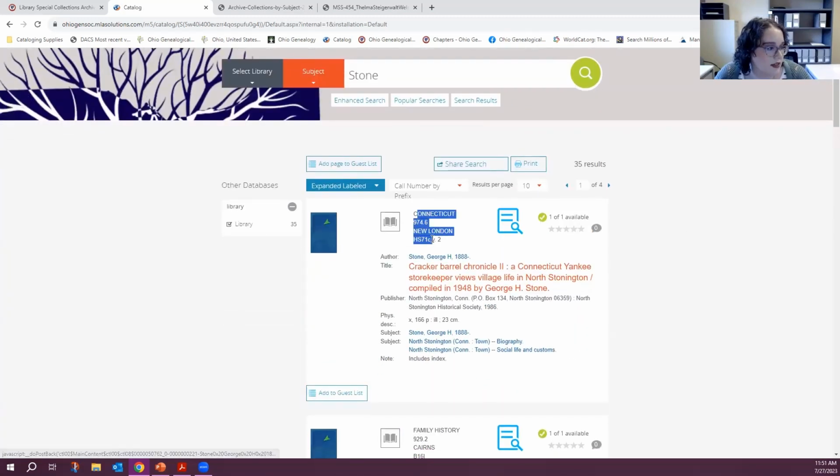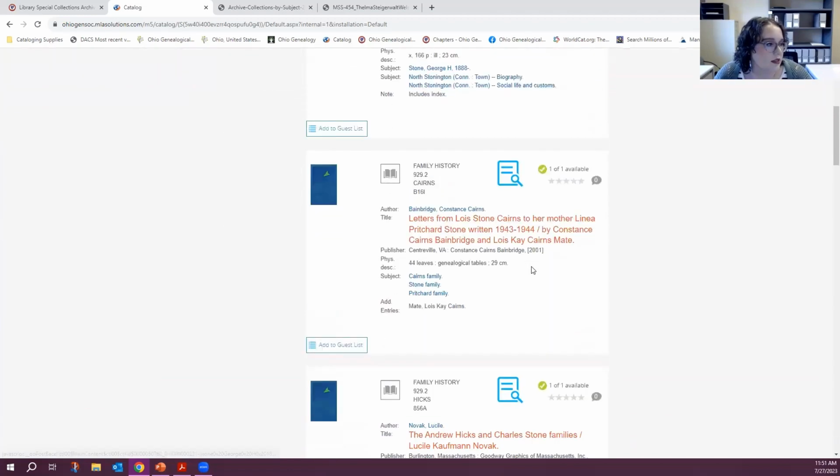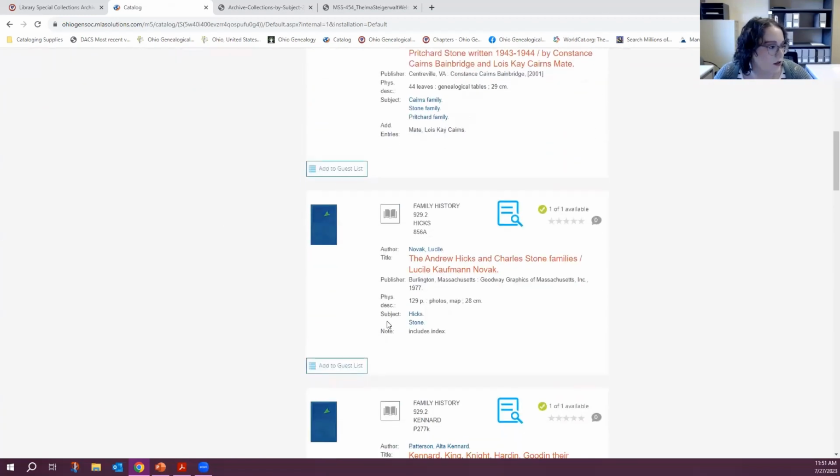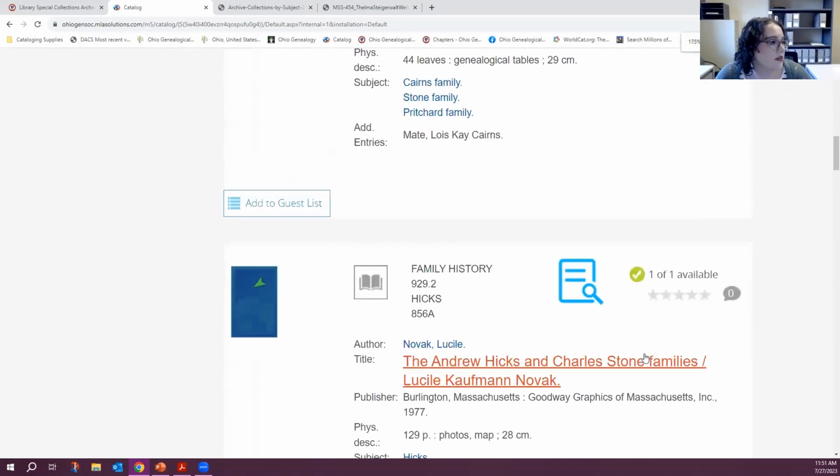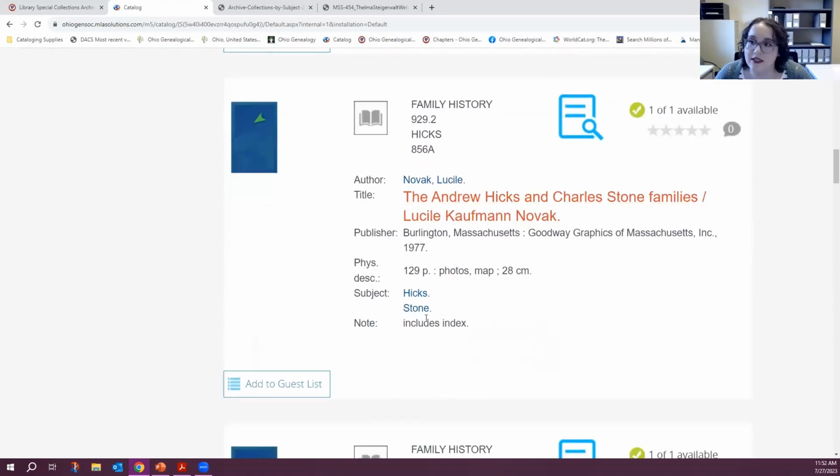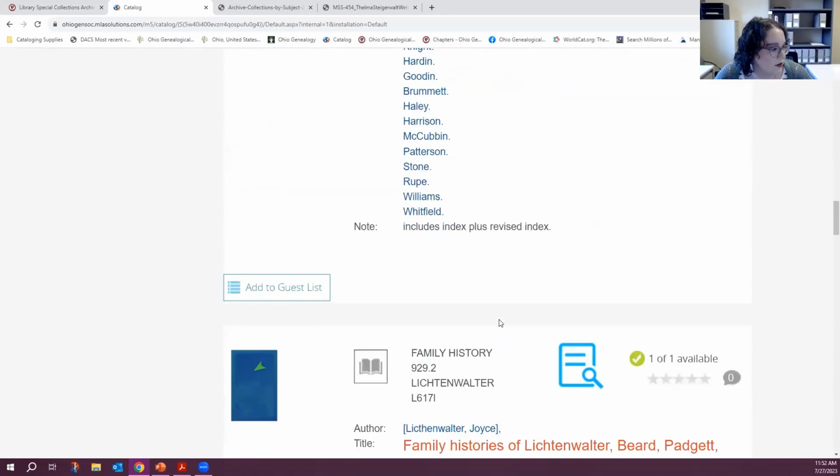The call numbers here will be in alphabetical order. If we keep scrolling through the family histories where Stone is listed, let me zoom in here, where Stone is listed as a subject field, those will all be first.